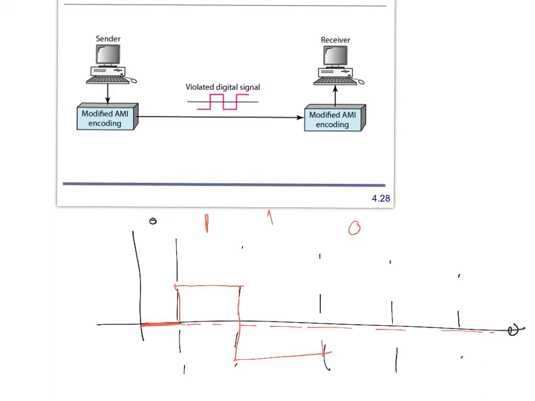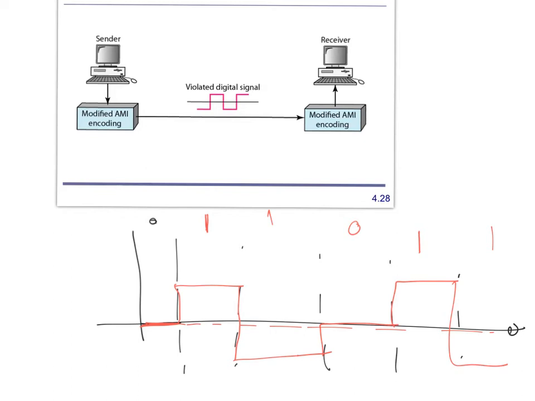And then if it's 0, you always go to 0. And then if you have 1, then you go positive. If you have another 1, then you go to negative, and so on. So at least for AMI, we try to solve the self-synchronization for the case of straight ones. But we have not been able to solve it for the case of straight 0. But at least, if we have straight zeros, it's still 0, which does not add to the DC component.